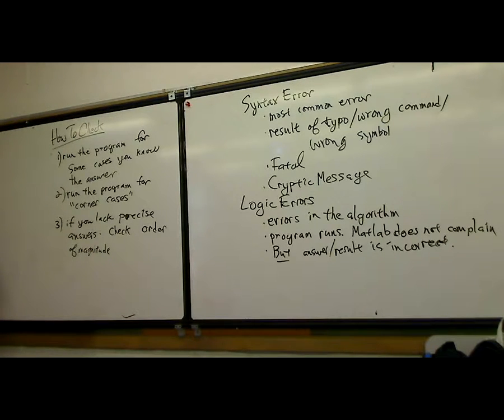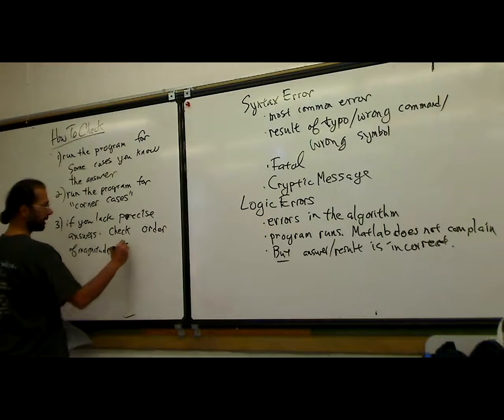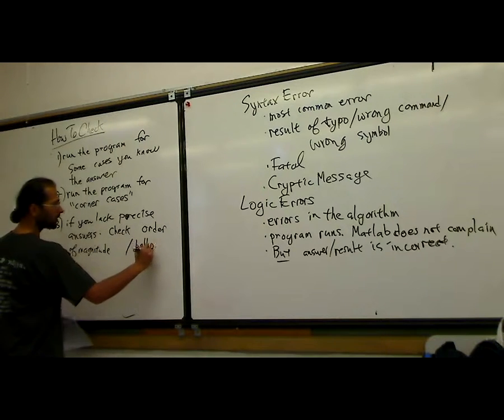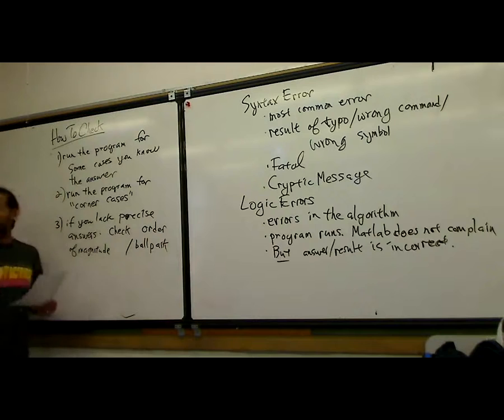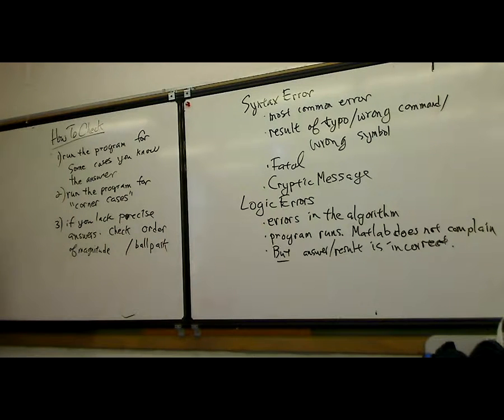First order of magnitude. If the result ends up being 12,000, that's 3 orders of magnitude off. And that's your hint that you're not in the right order of magnitude. Another way to think about it is the ballpark. Are you in the right range of correct values?